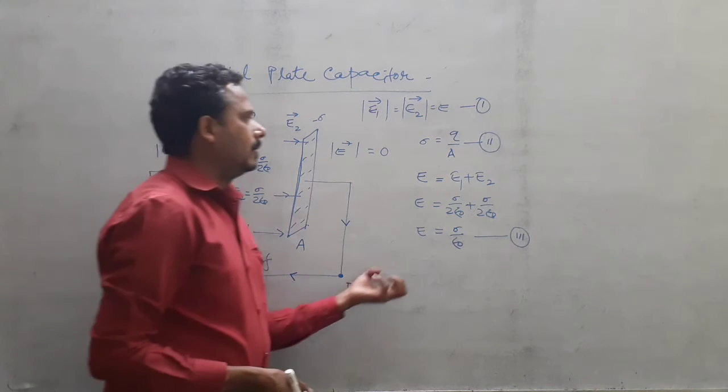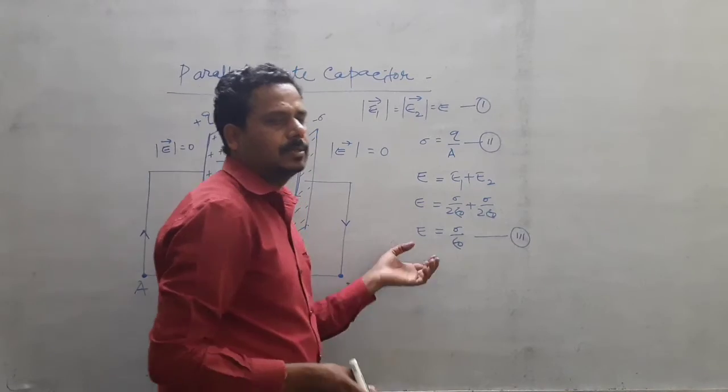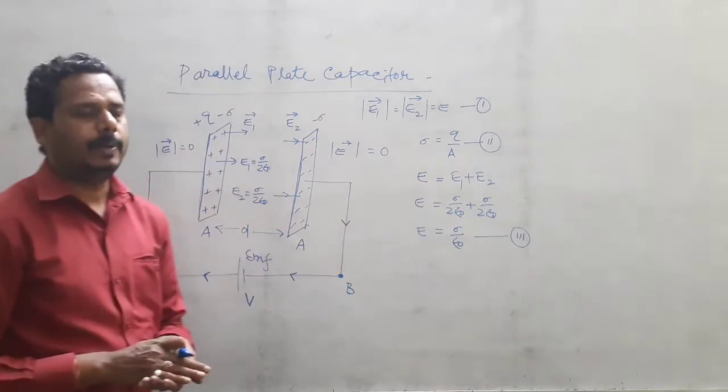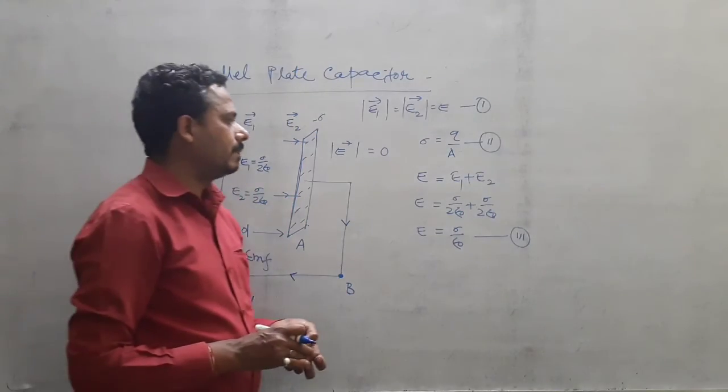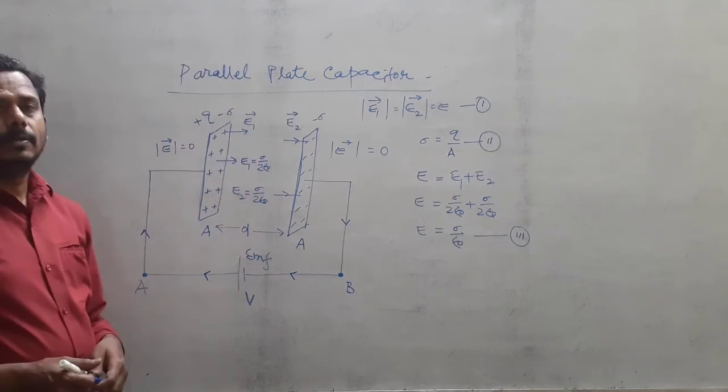Now you have the field between the parallel plate capacitor. You just find the potential.